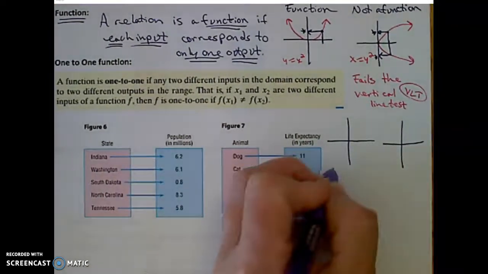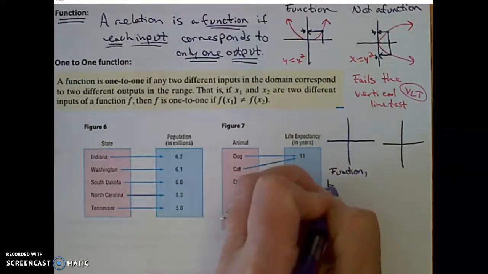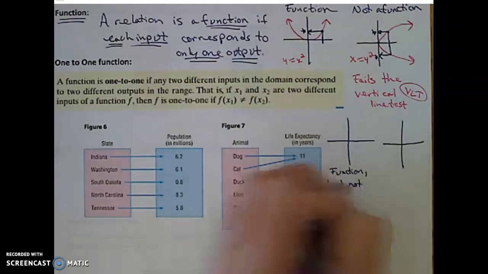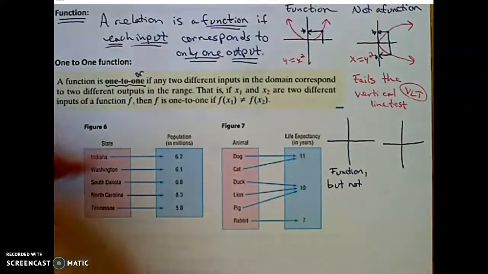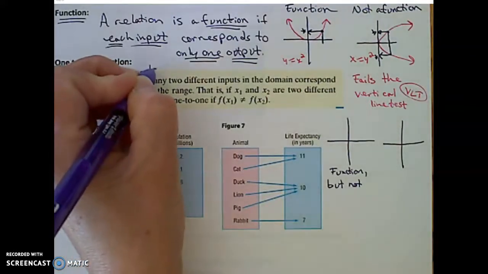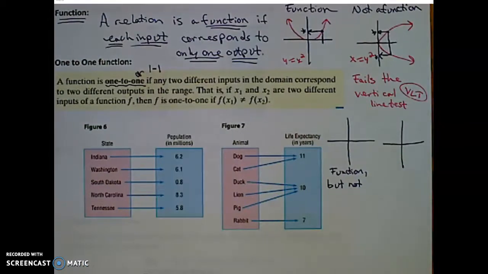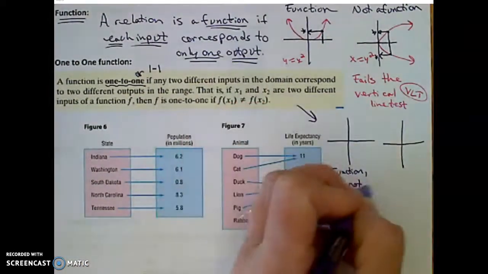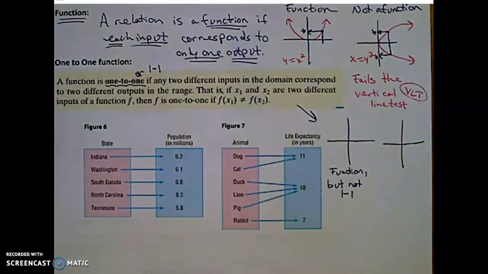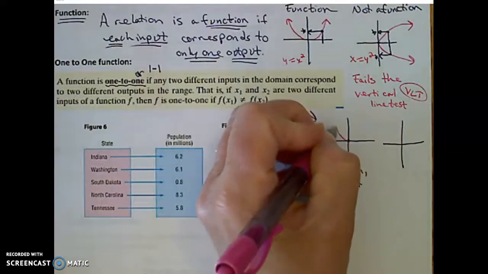Okay, this thing is a function, but not one-to-one. Sometimes we say one-to-one, or we abbreviate that as one-to-one. I like that easy notation. So let me give you something that is a function, but not a one-to-one function. Our good old parabola up above.